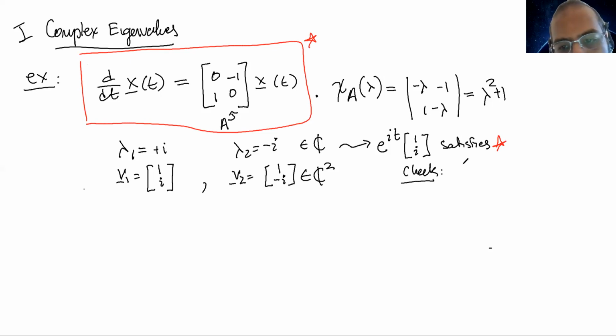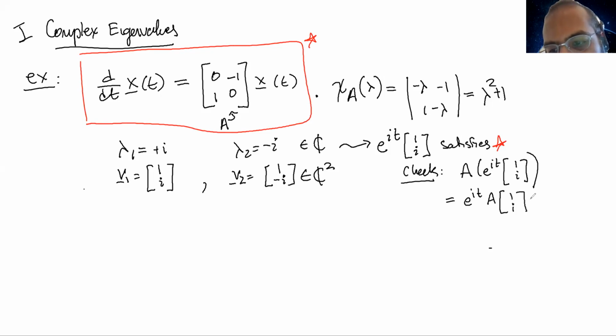What's A times e to the it times (1, i)? Well, that's e to the it times A times this (1, i). But it's an eigenvector with eigenvalue i, so it's i e to the it times (1, i).